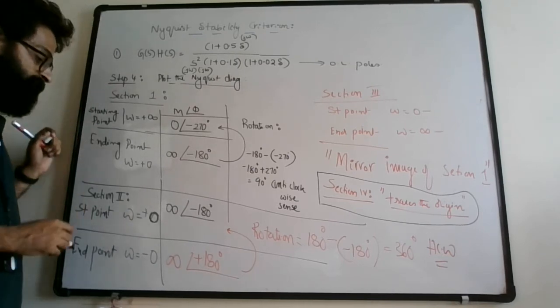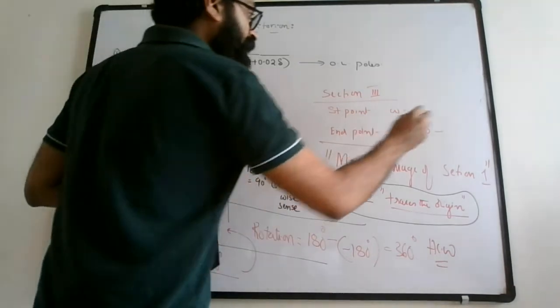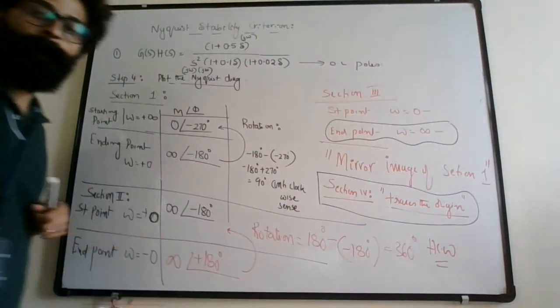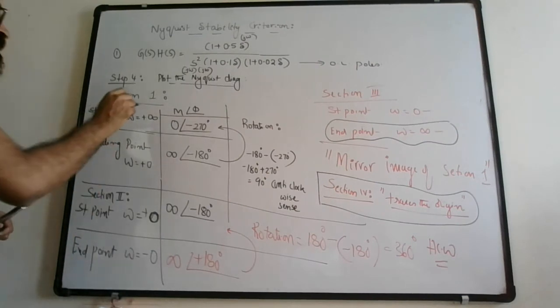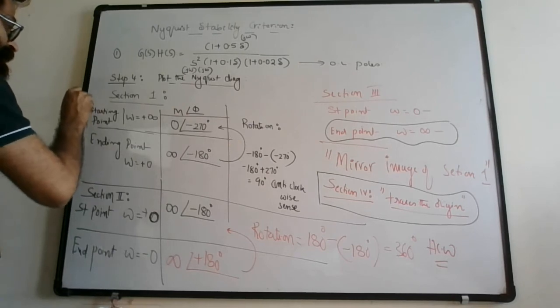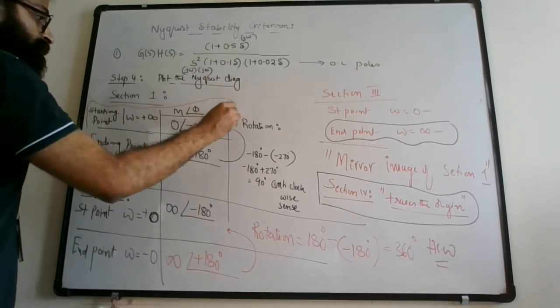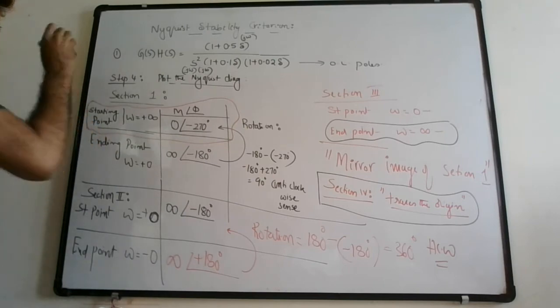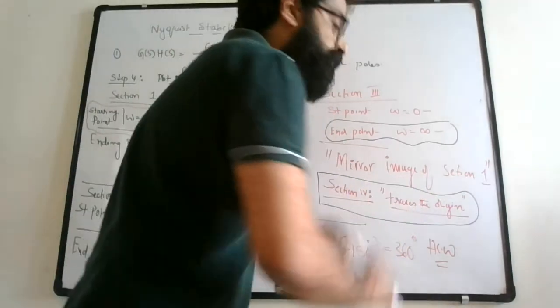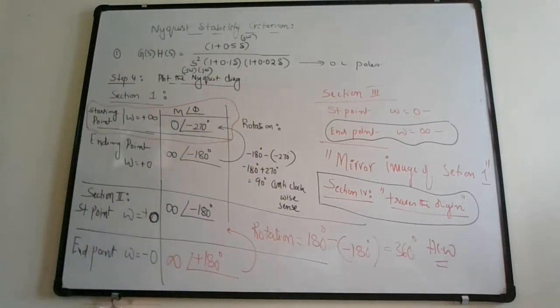The minus infinity information is already available in section 3, and the plus infinity information is already available in section 1. So section 4 you don't have to consider. Okay, section 4 can be simply neglected.